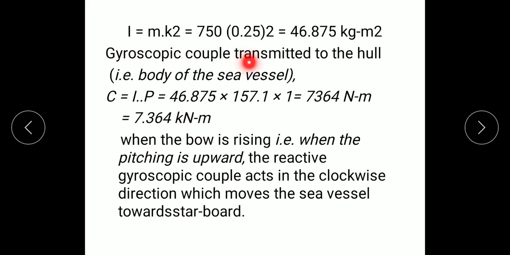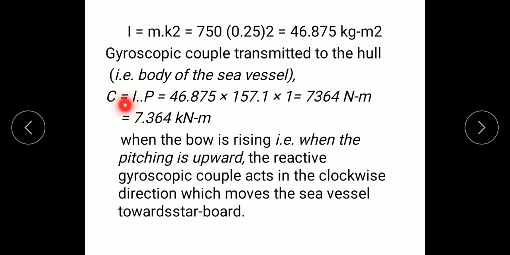Next, the gyroscopic couple transmitted to the hull, that is the body of the sea vessel. Okay, next here the formula has some mistake, C equal to I into omega p. Okay, it was not copied, so I made one mistake here.